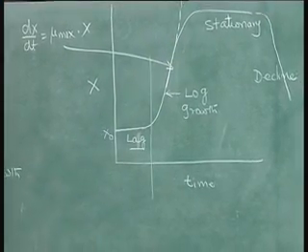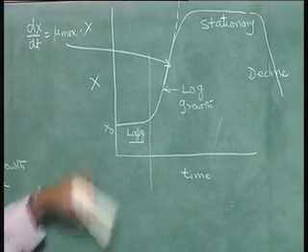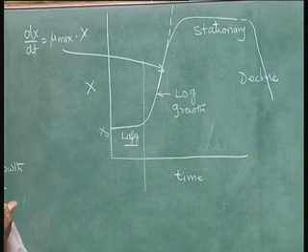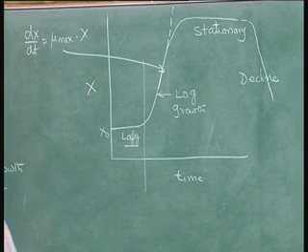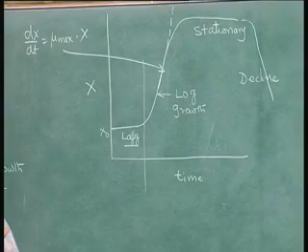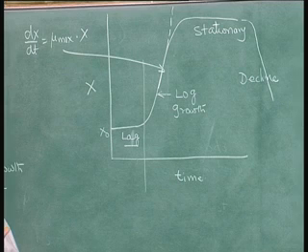Now what is happening after the log growth phase? The microorganisms are growing in log exponential order, and then the food that is available is getting depleted, as a result of which, with time, the food gets depleted.